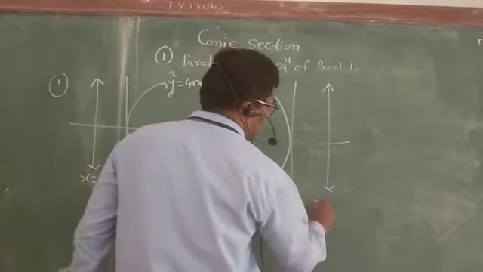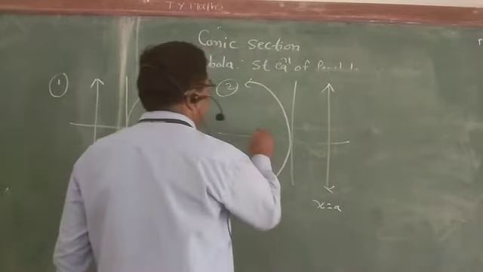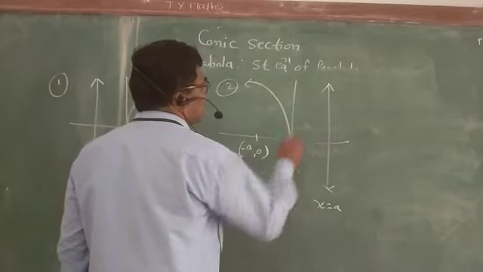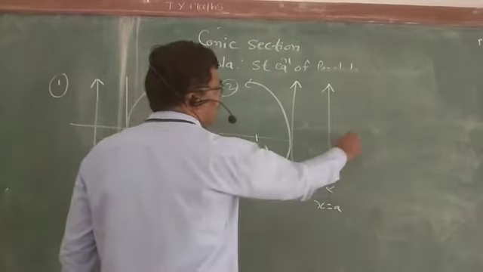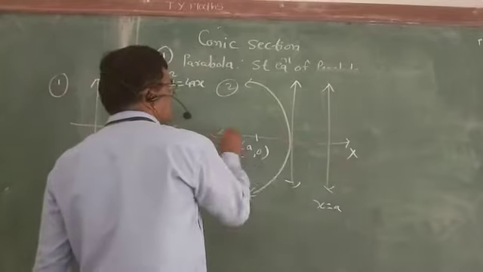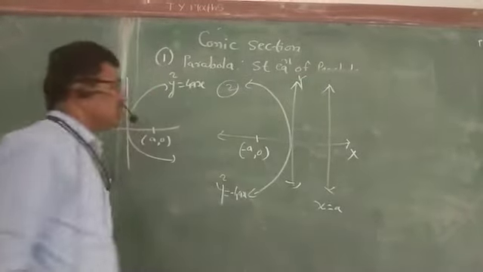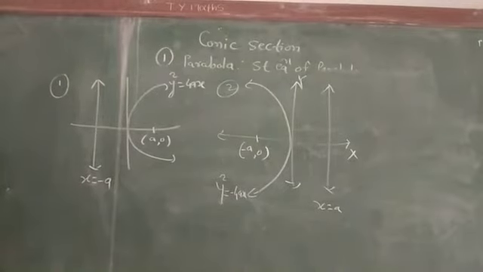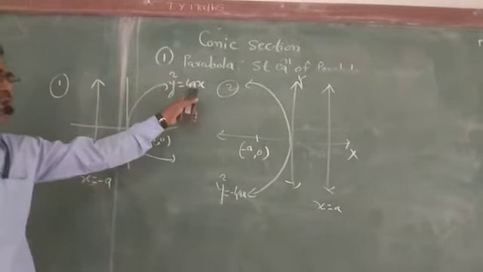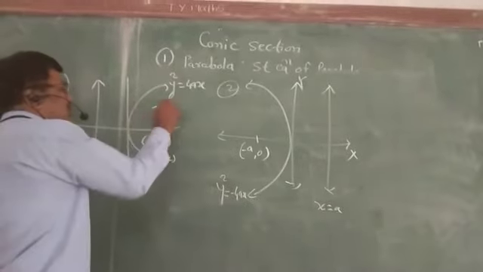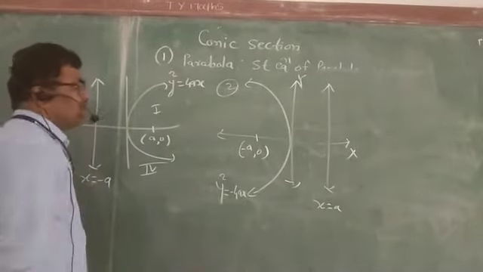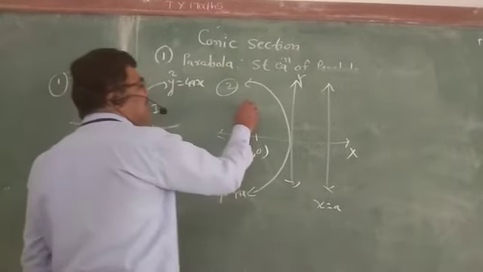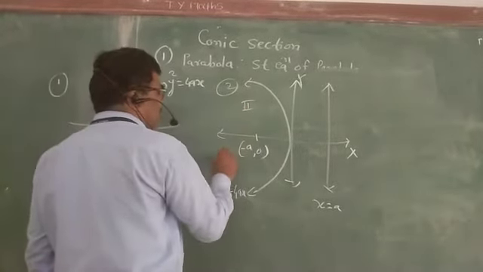Equation of directrix is x equal to A, focus minus A, 0. That is x-axis, that is y-axis. Here y square equal to 4ax lies on first and fourth quadrant. Y square equal to minus 4ax lies on second and third quadrant.